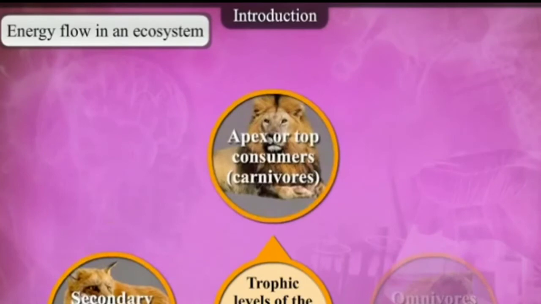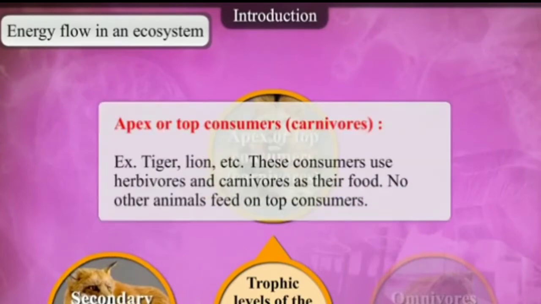Apex or top consumers are also known as carnivores. The examples are tiger, lion, etc. These consumers use herbivores and carnivores as their food. No other animal feeds on top consumers.